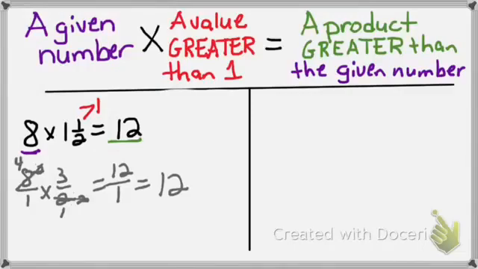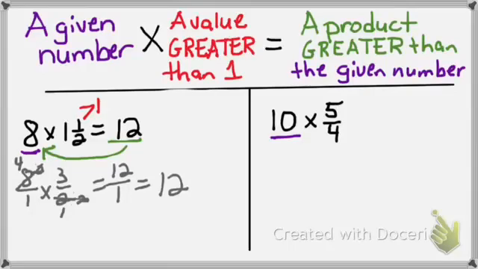Well, a given number 8 times a value greater than 1, like 1 1/2, should equal a product greater than the given number. And 12 is indeed greater than 8. So my product 12 is greater than my given number. Let's try another example. In this example, my given number is 10, and we multiply it by 5/4.